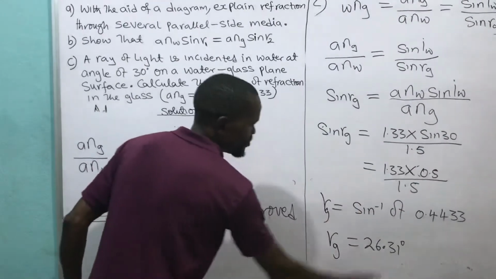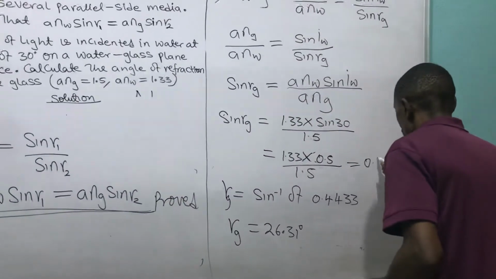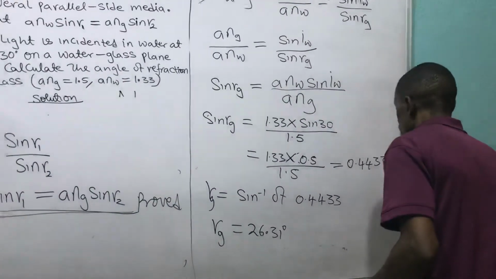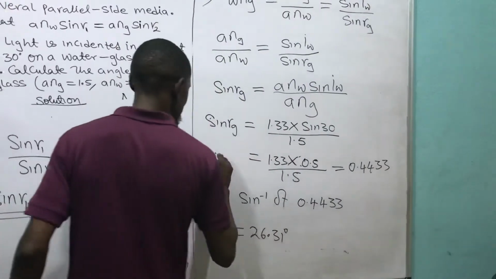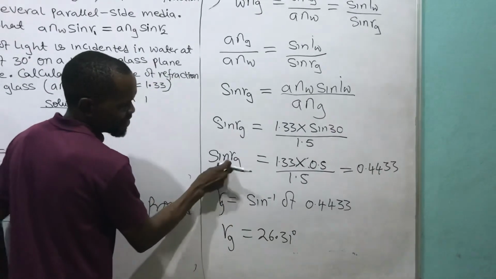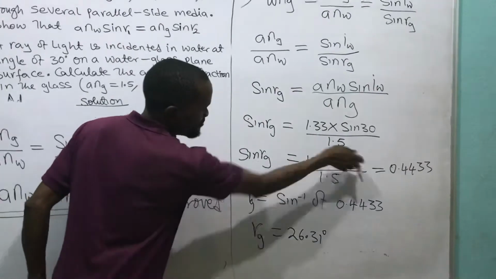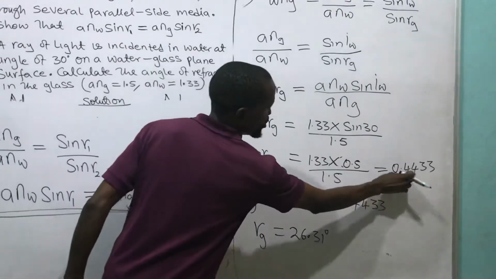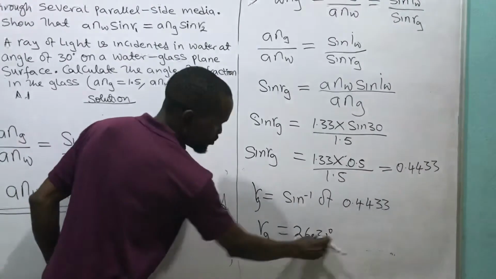When you divide them, it gives you 0.4433. Then the refraction in glass becomes sine inverse, because this is equal to this. You now find sine inverse of this, and that will give you this.